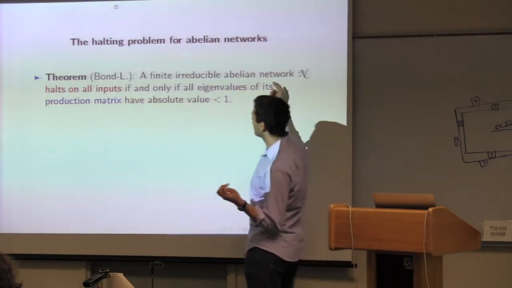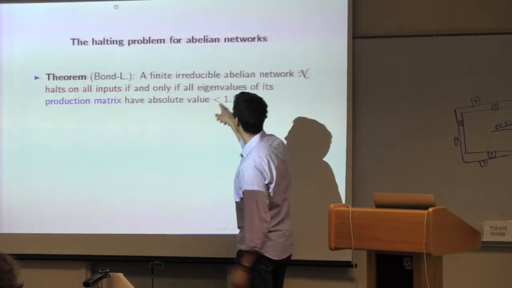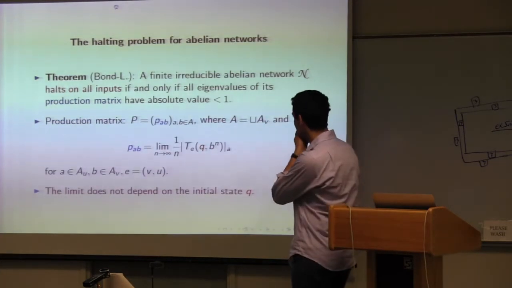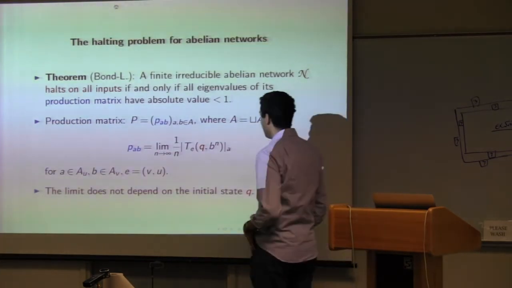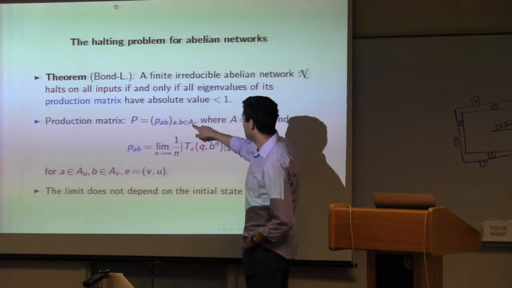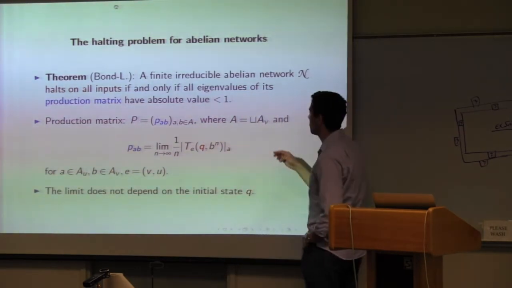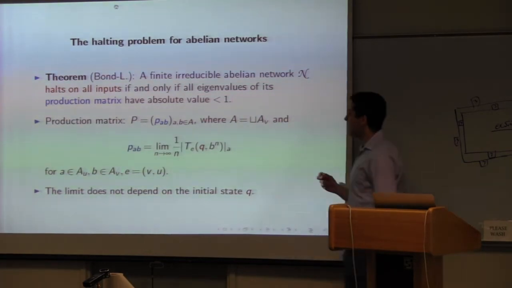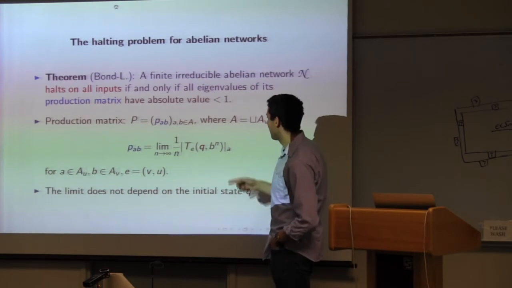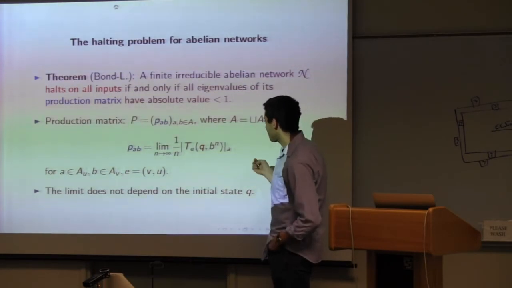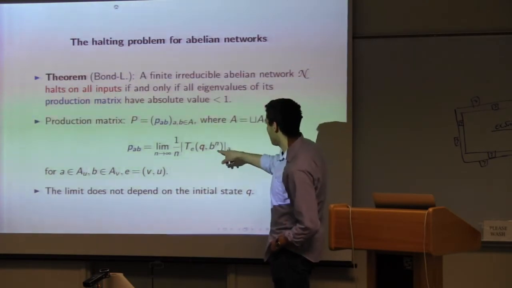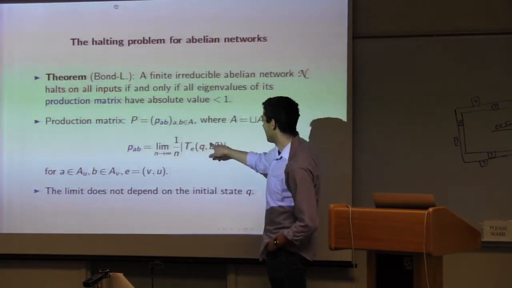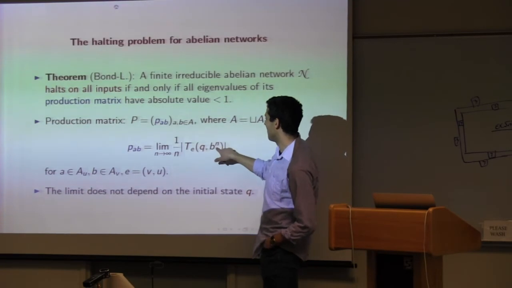The condition is all eigenvalues of a certain matrix have to have absolute value less than 1. And here's the matrix. The index set of the matrix is the total alphabet, the disjoint union of the alphabets of all the processors. And the AB entry of the matrix is, on average, how many A's are produced by sending an input of n B's to the relevant processor.